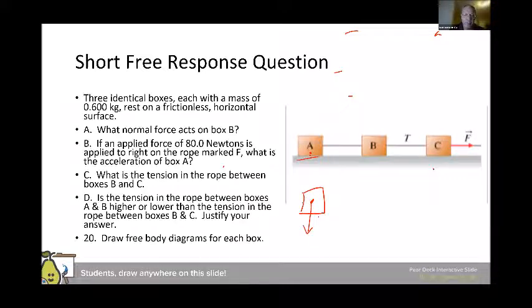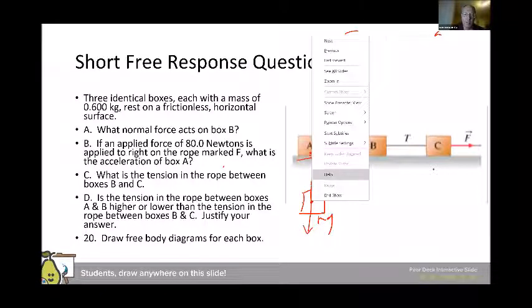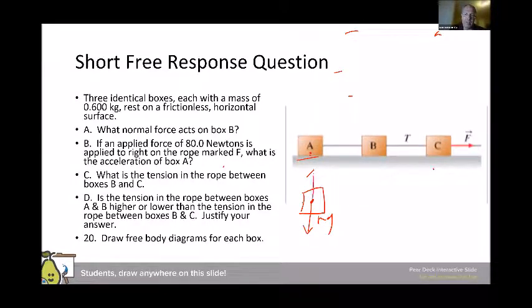We're going to label that mg. We know we've got a normal force. And again, it doesn't have to be perfect, but you know that the normal force and the weight here ought to be the same. So try to draw those two arrows to be the same length. And they're more than likely going to give you a dot on the exam. Make sure your forces touch the dot and move away from the dot.